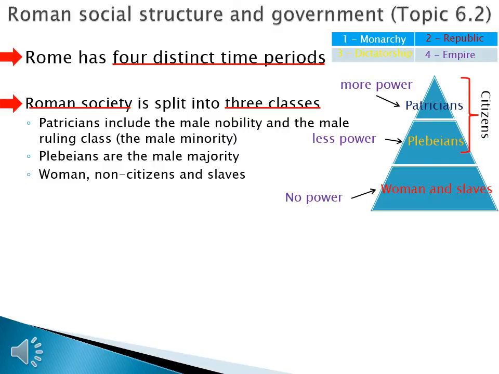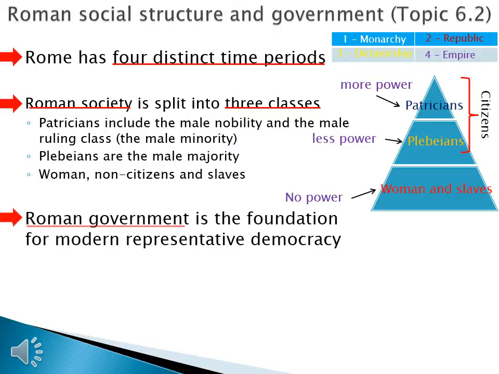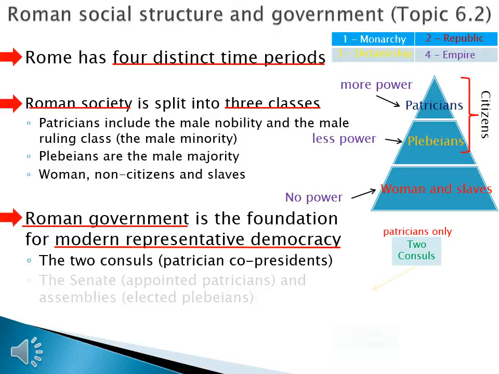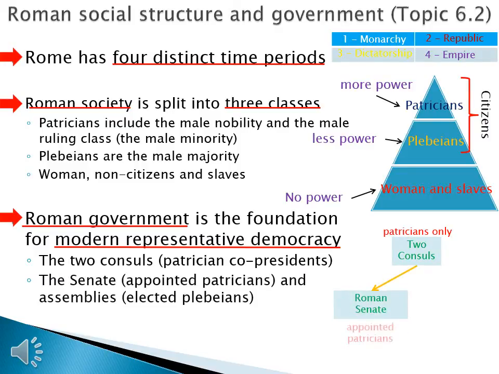Now let's look at Roman government. The Roman government is the foundation for a modern representative democracy. And there are things in Roman government that we see here today in the United States, but the government is very different back in Republican Rome. There are two consuls. Those are patrician co-presidents who run the country. Then we have the Senate. Those are appointed patricians who basically advise the co-consuls and spend money.